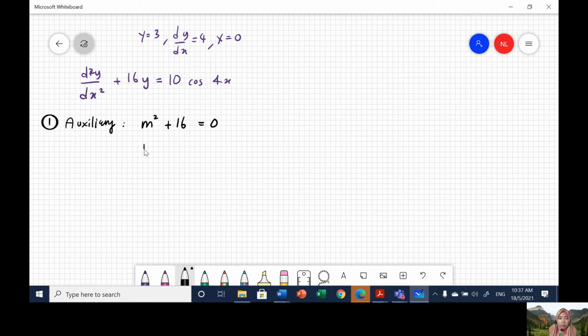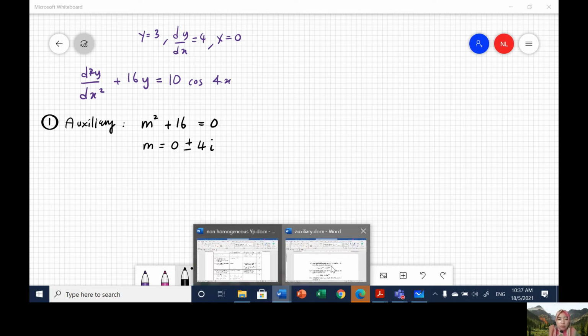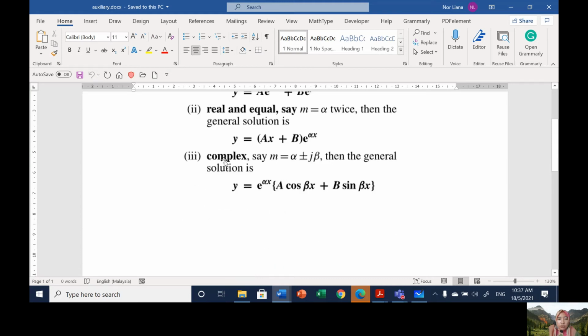We have the roots as 0 plus and minus 4i. It's a complex root. Now, when we refer to the auxiliary form, when we have complex roots, this is our yc.